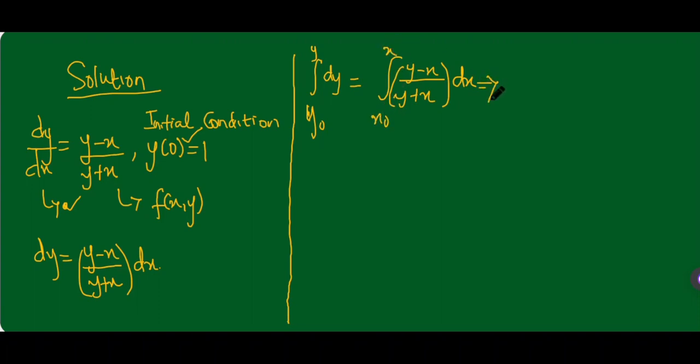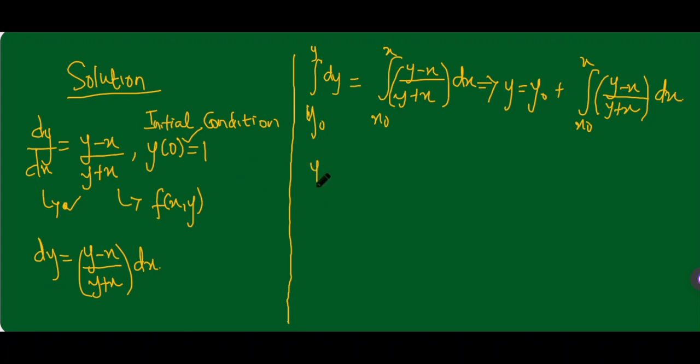So writing it in general form, we have y will be equal to y naught plus the integral between x naught and x of y minus x divided by y plus x dx. So let's substitute our values now.